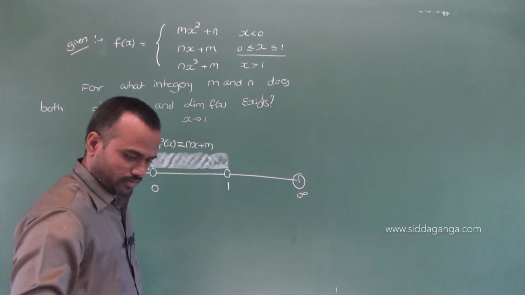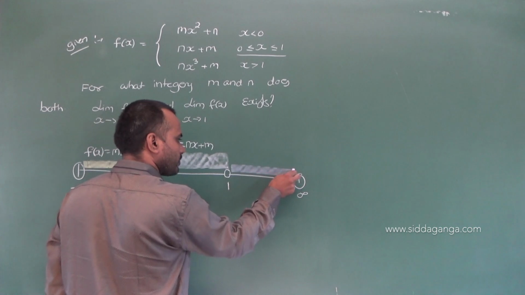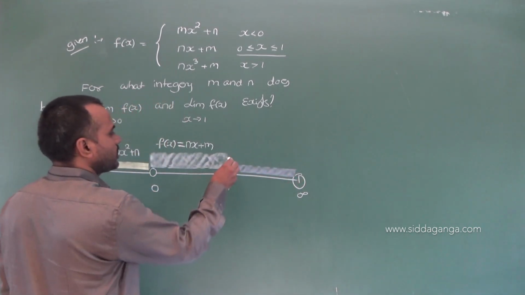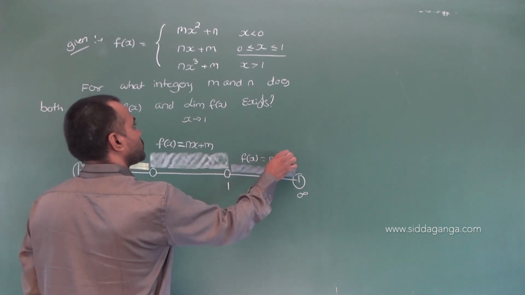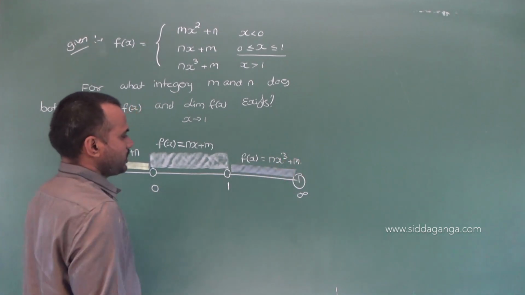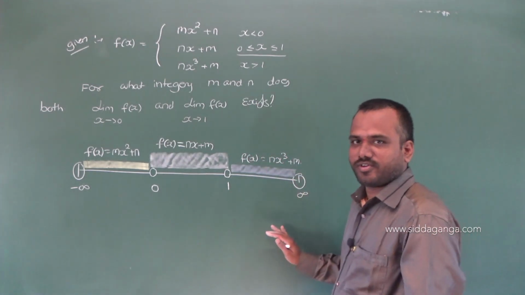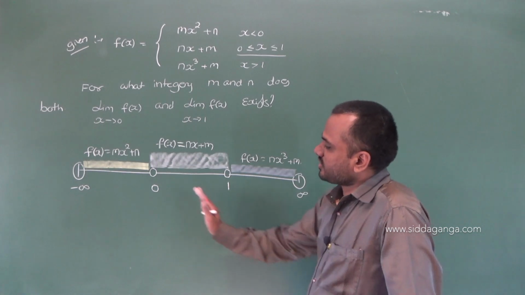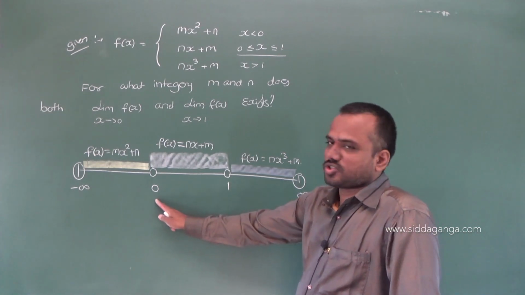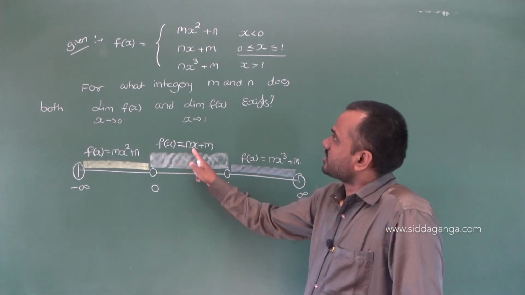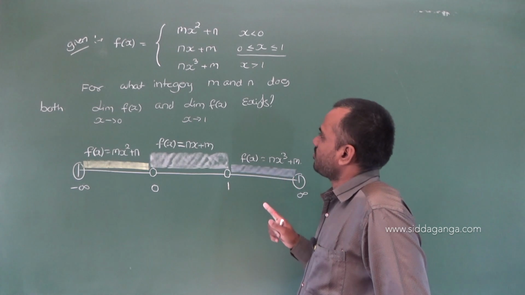For x greater than 1, f of x is n x cube plus m. Observe this graph first, very carefully. For x less than 0, m x square plus n. In between 0 and 1, 0 is included, 1 is included, n x plus m. For greater than 1 up to infinity, f of x is n x cube plus m.